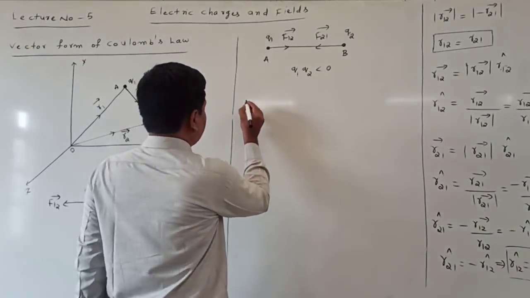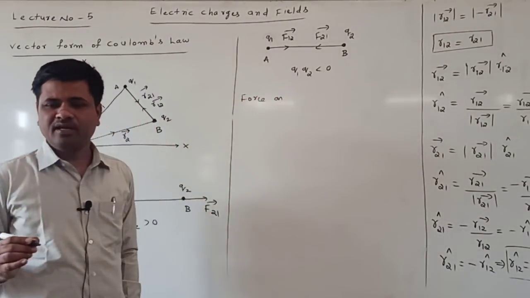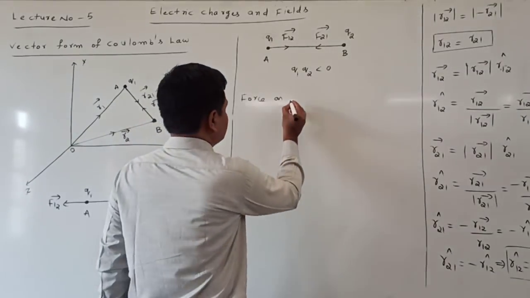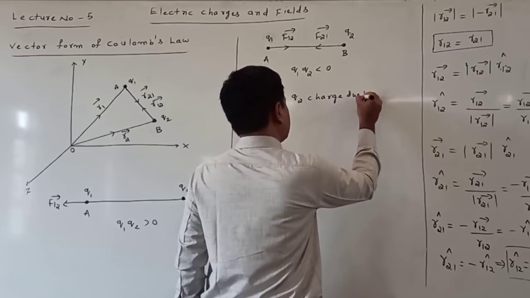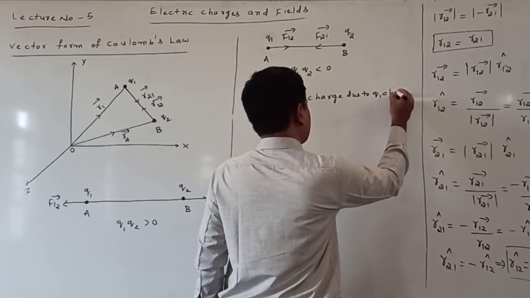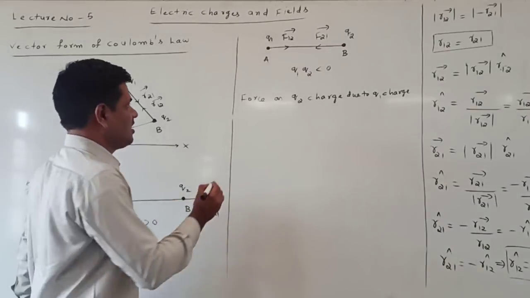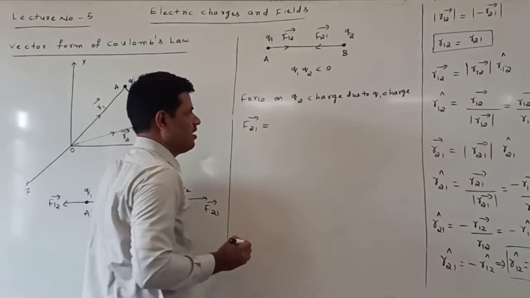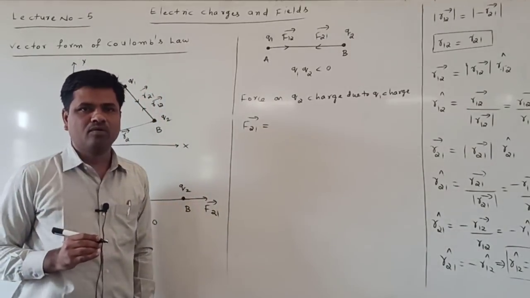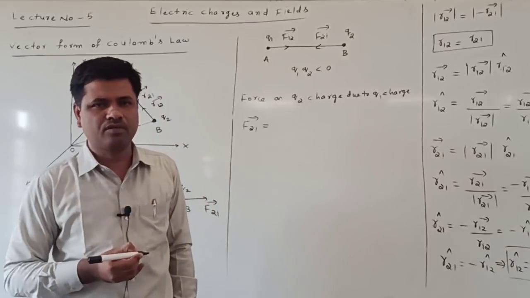Right. Next I am writing the force on the Q2 charge due to the Q1 charge. The force on the Q2 charge can be written as F21 bar, in vector form. Just the magnitude is 1 by 4 pi epsilon naught Q1 Q2 by r square, according to Coulomb's law.